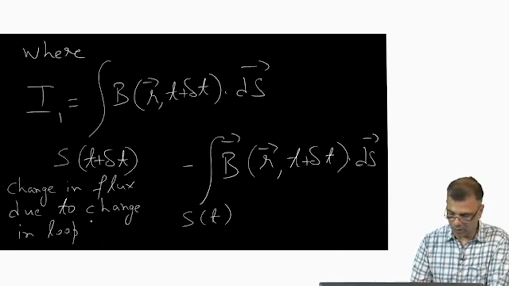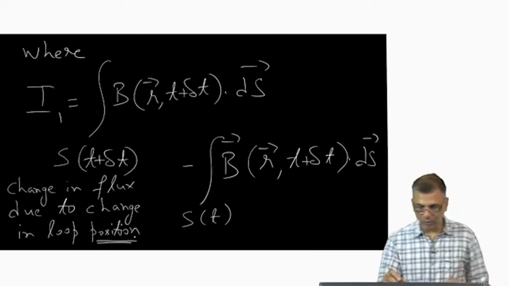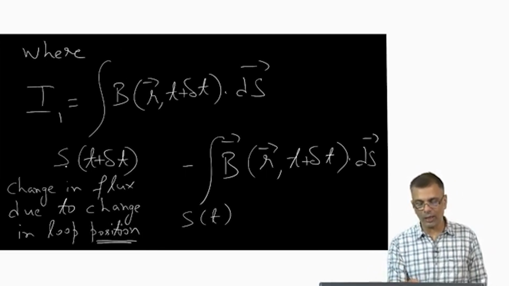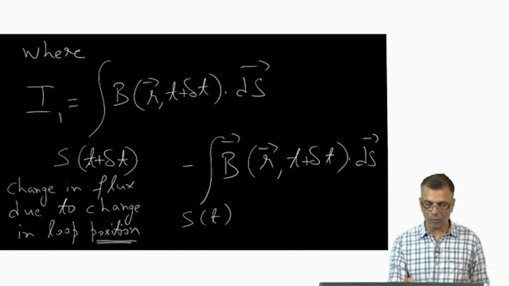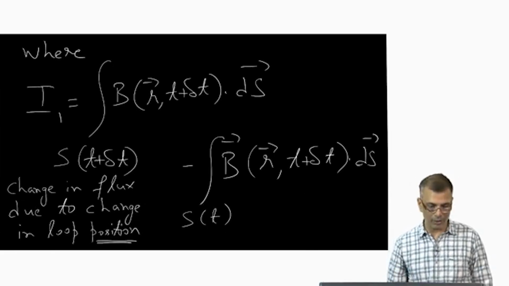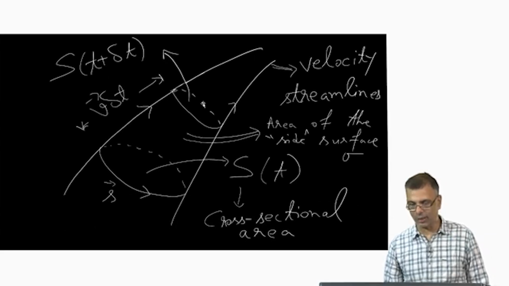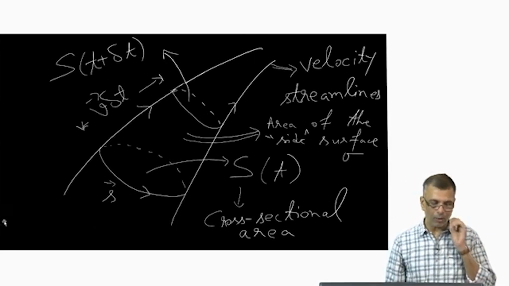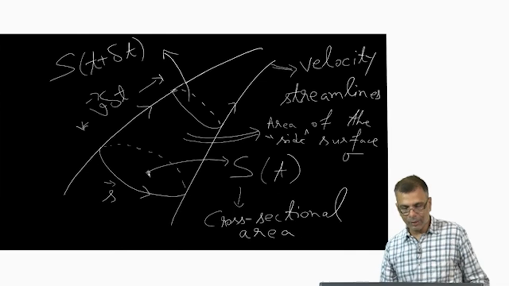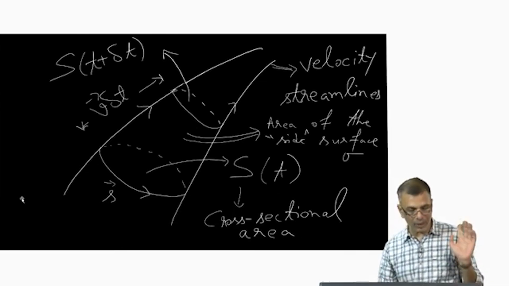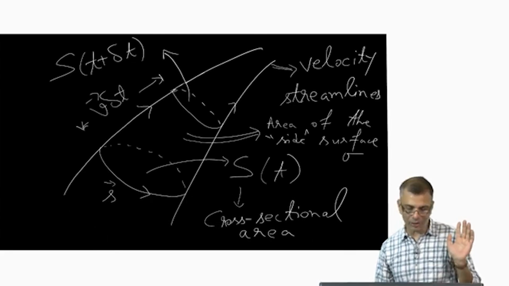So, due to change in loop position, like that. The only difference between this and this, like I said, is the difference in the cross sectional area over which it is being integrated, in other words the difference between this area and that area. Whereas, in reality the magnetic field has also changed between here and here, but I am pretending that it is the same.